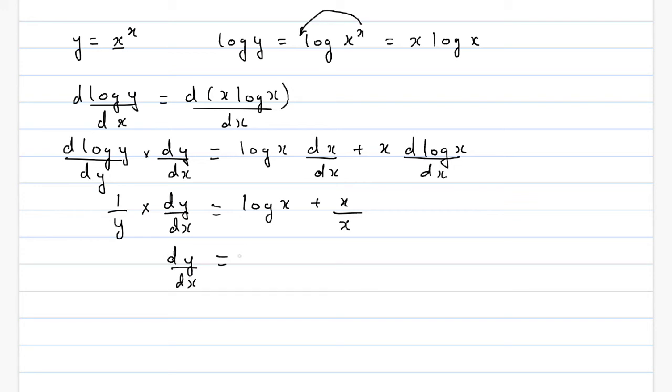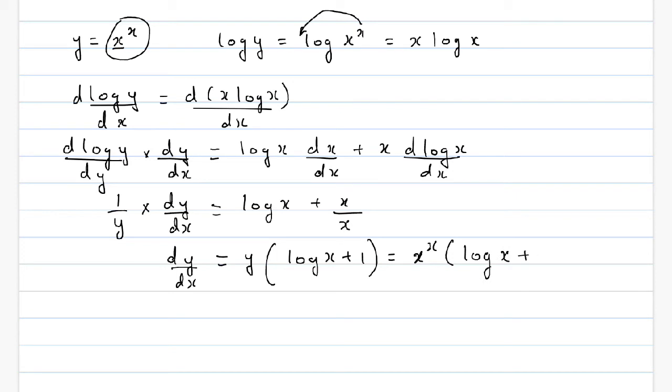So I'll multiply by y here, so I'll have y into log of x plus 1. Now I can substitute my y. My y was x raised to x. So we'll say it is x raised to x into log x plus 1. So this is how we could find our dy by dx when y was not a traditional value.